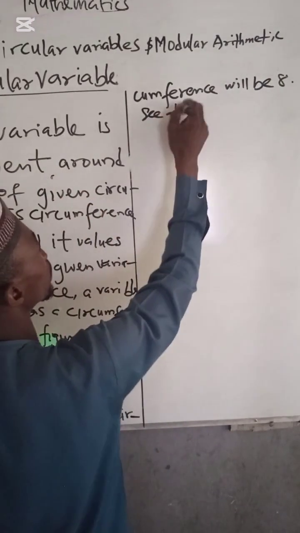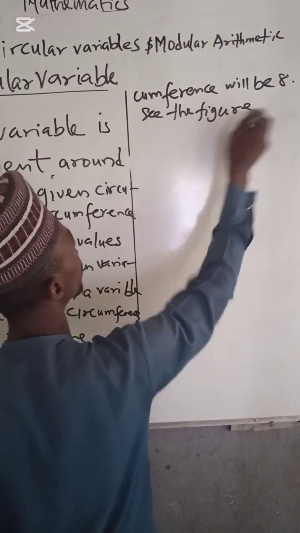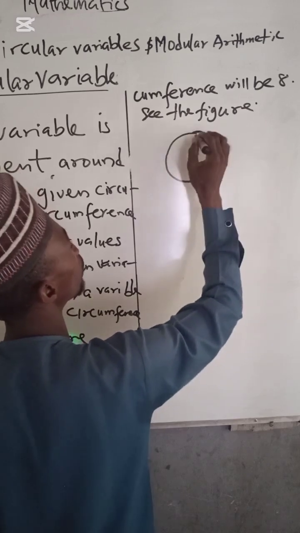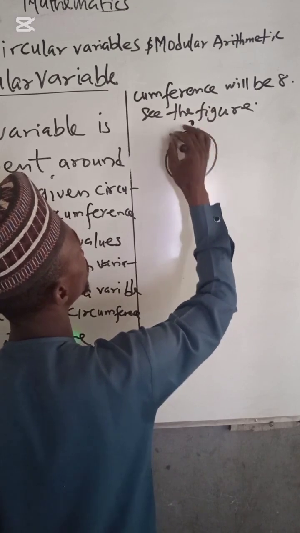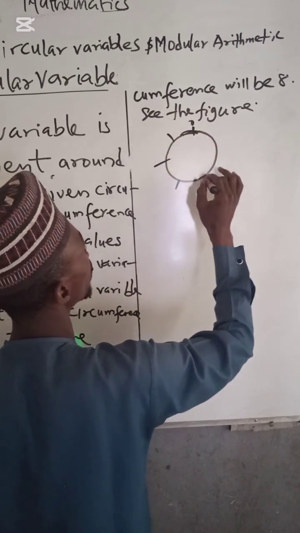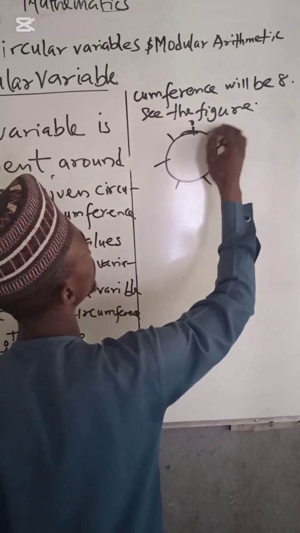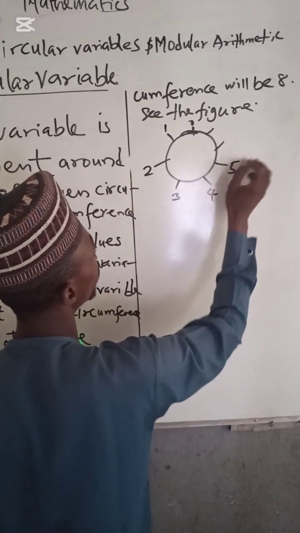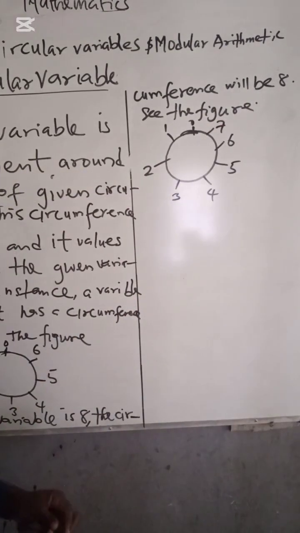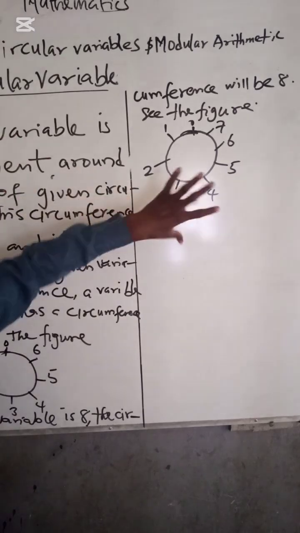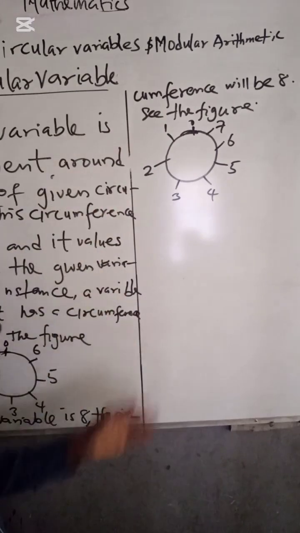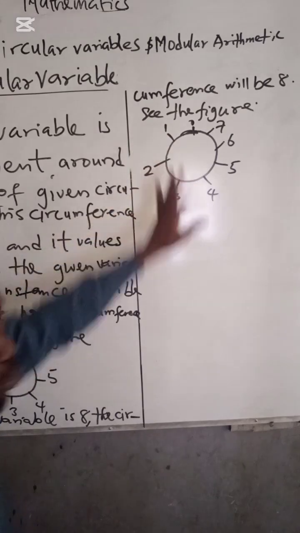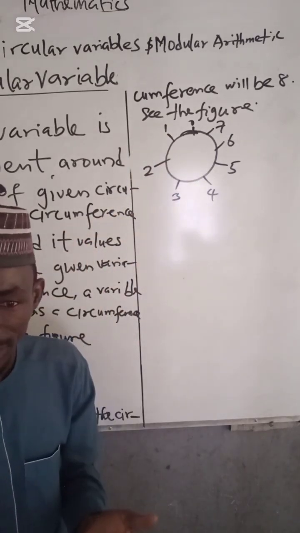See the figure. 0, 1, 2, 3, 4, 5, 6, 7. This is how we represent the variable in a circle, in a circumference form. If you look at it very well, these variables could be objects, items, etc.